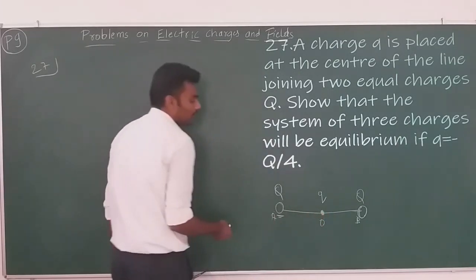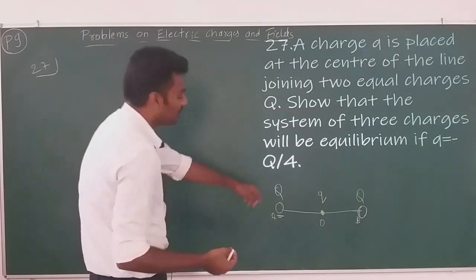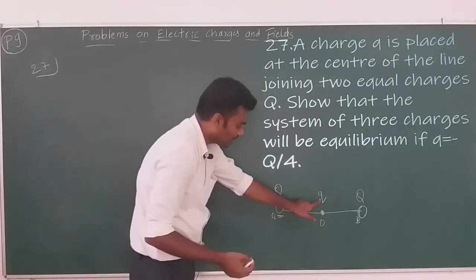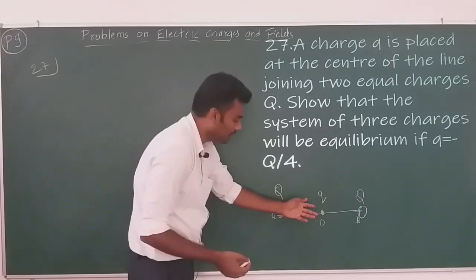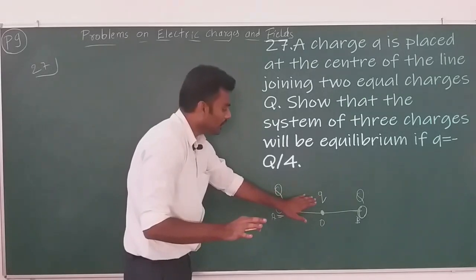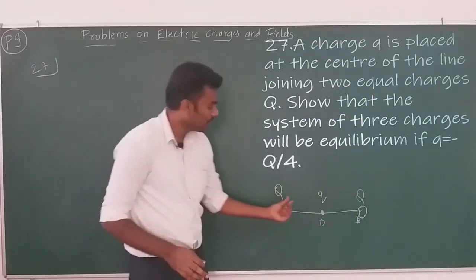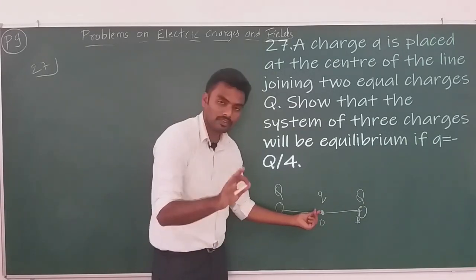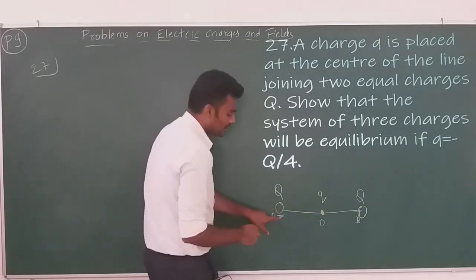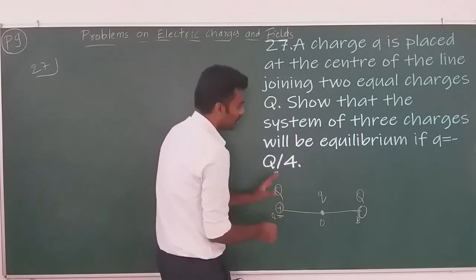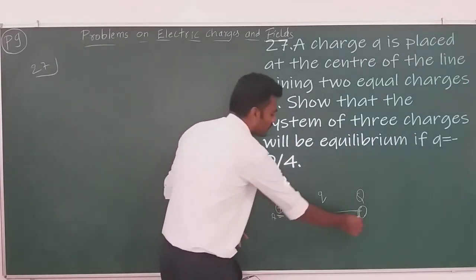For now, we don't know what charge shall be kept here, and we don't even know whether it is positive or negative, but analytically we can think that this charge must be a negative charge, because think over it. This is a certain positive charge, right? They have mentioned it, so let us assume it.